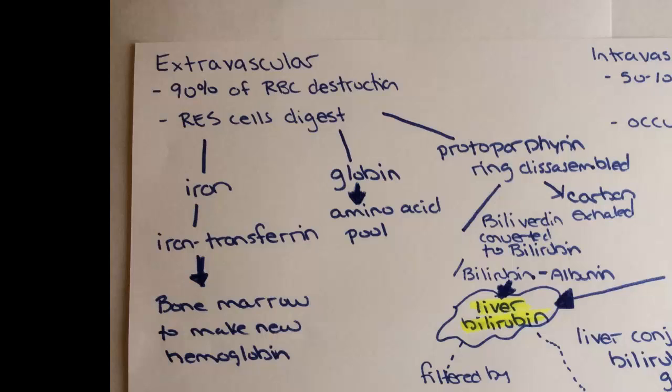Globin goes back to the amino acid pool, and carbon is exhaled, and you're left with biliverdin. That biliverdin is converted to bilirubin. Albumin binds bilirubin to carry it to the liver.